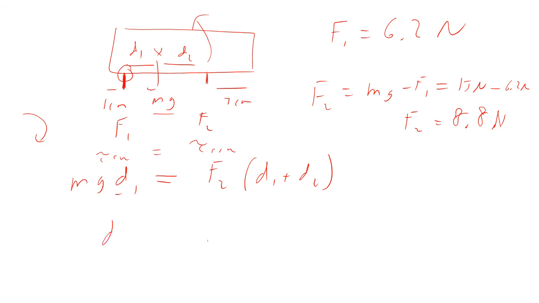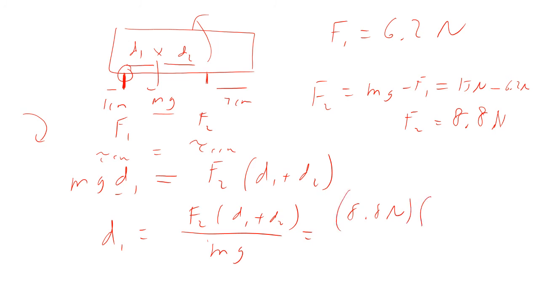So d1 is going to be F2 times (d1 plus d2) divided by mg. So that's going to be 8.8 newtons times, what's d1 plus d2? Well, the entire thing is 20 centimeters, right? So if it's 1 centimeter here, and that is 7 centimeters right there, then d1 plus d2 is going to be 20 centimeters minus 1 centimeter minus 7 centimeters. And so that's going to be 12 centimeters.